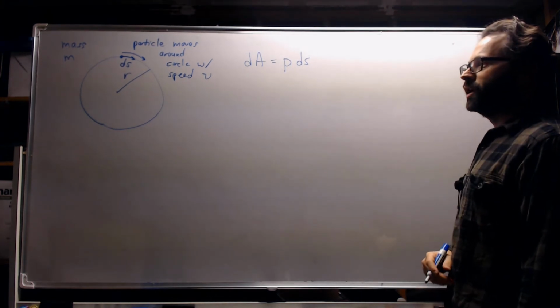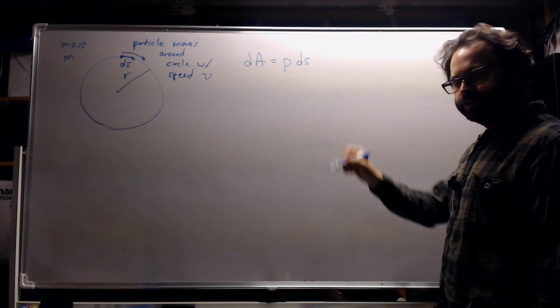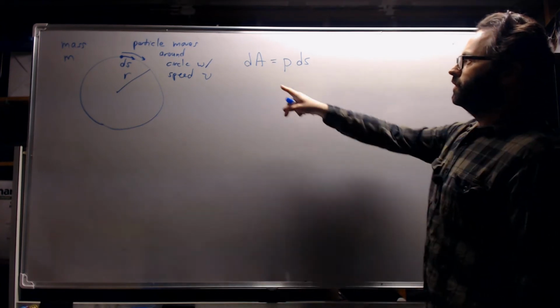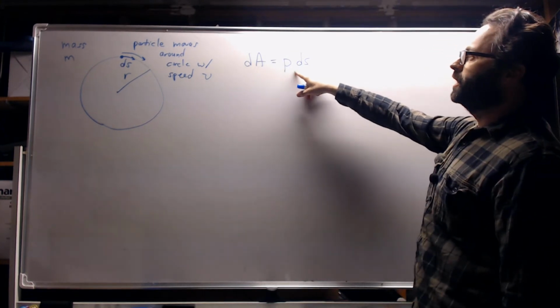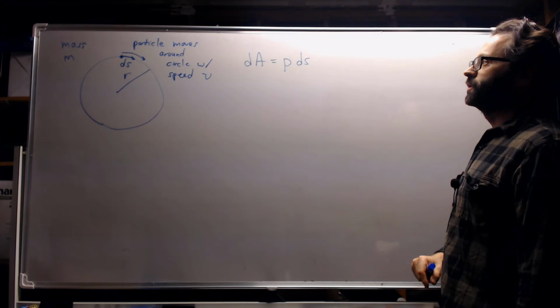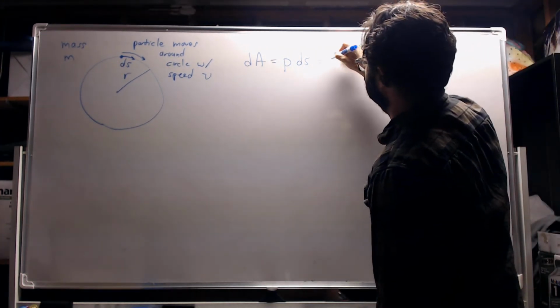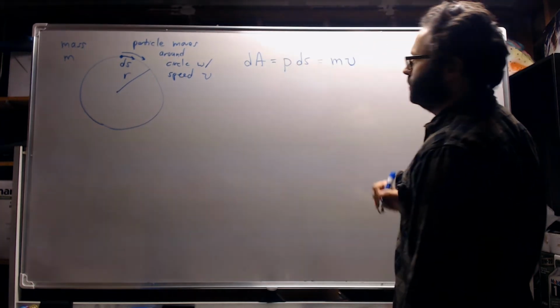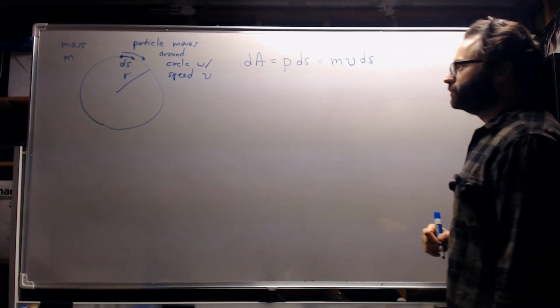And this is going to be equal to m, the speed with which the particle is moving, times ds.